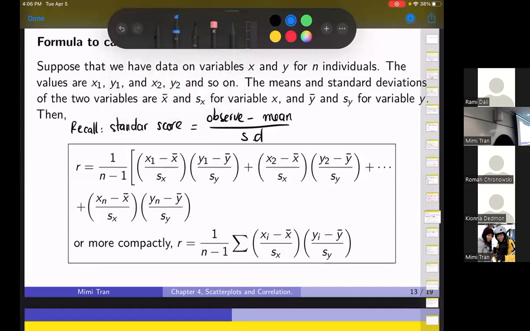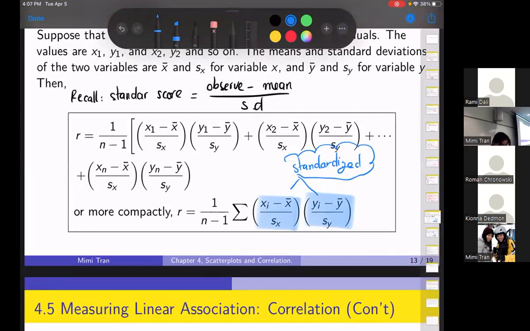This part, maybe I'll highlight in blue, the two right here are called standardized values. I'm going to call xi minus x bar divided by standard deviation of x, z sub x, and this one z sub y.